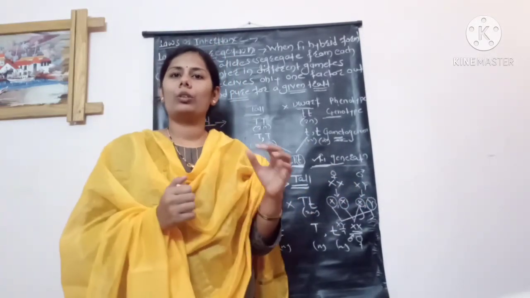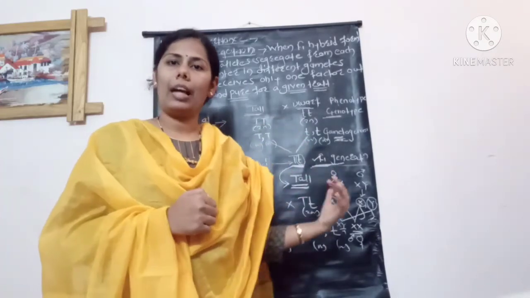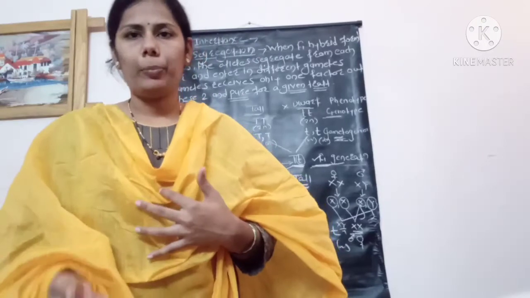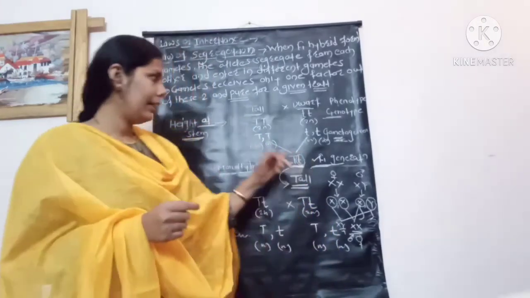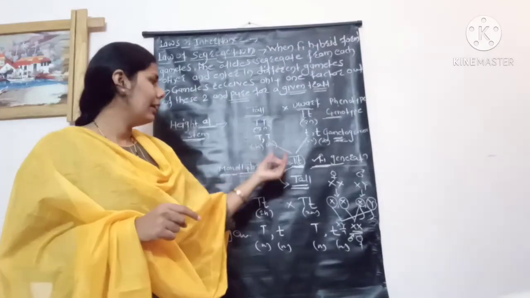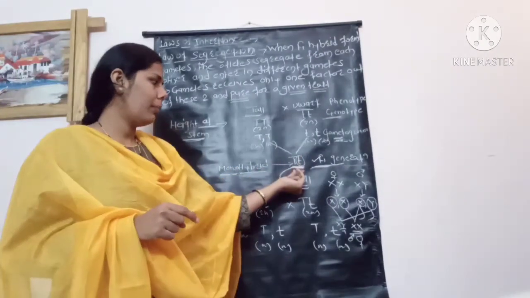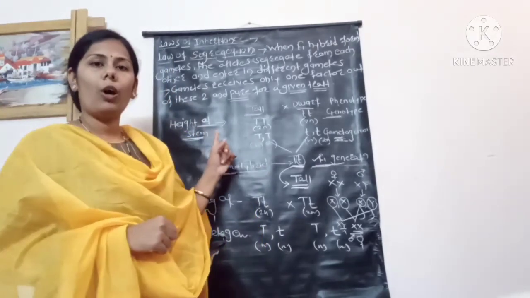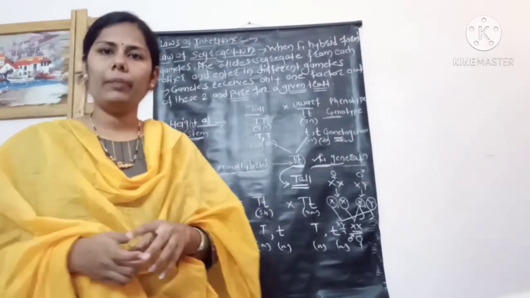The resulting gametes undergo fertilization, again resulting in development of offspring. Firstly the diploid number undergoes reduction into the n number, meaning haploid, and this n number and n number again combine to form the diploid number. So this is your law of segregation. Okay, thank you.